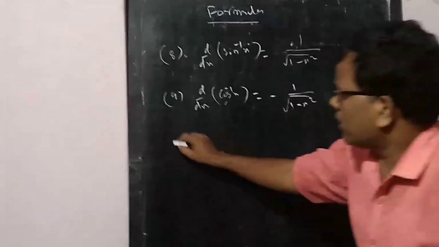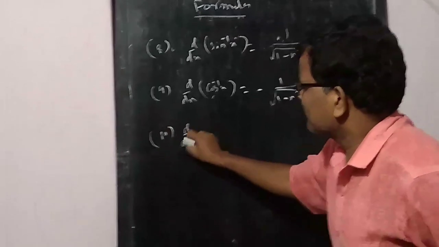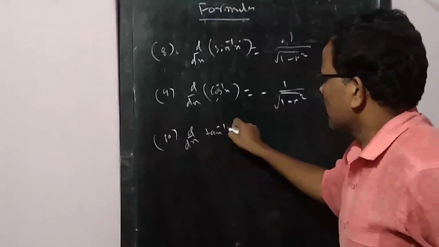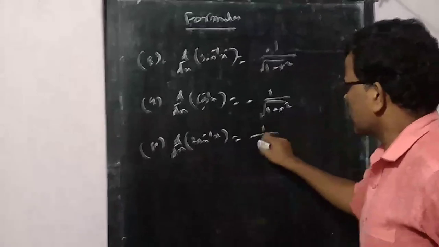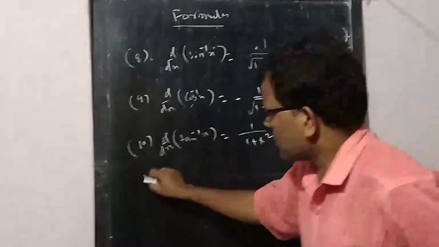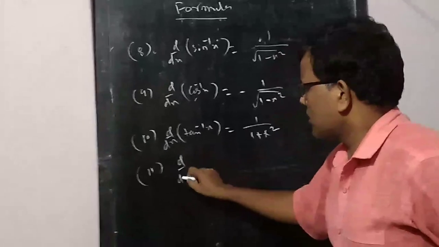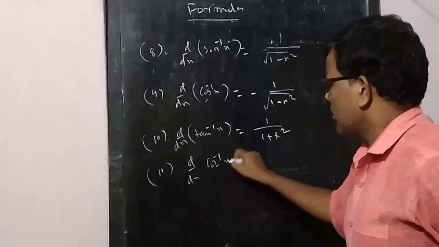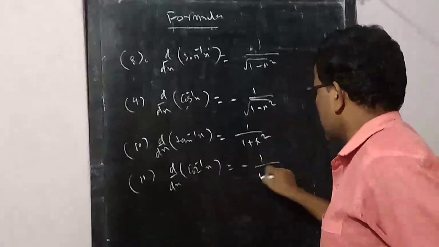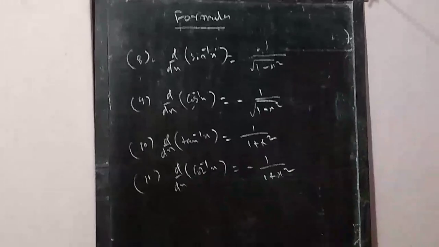Next, tan inverse x is equal to 1 by 1 plus x square, and d by dx of cot inverse x is equal to minus 1 by 1 plus x square.